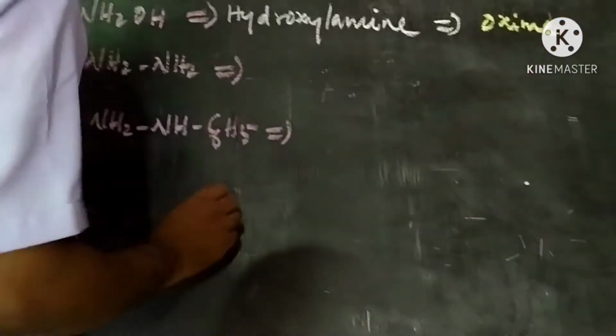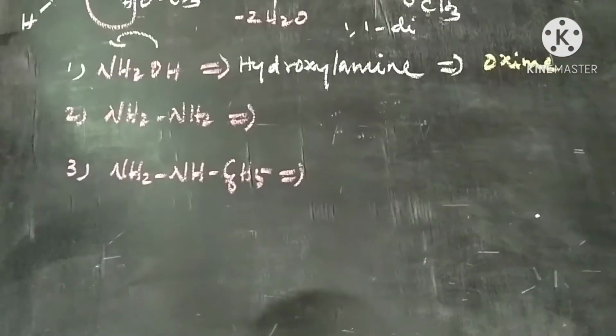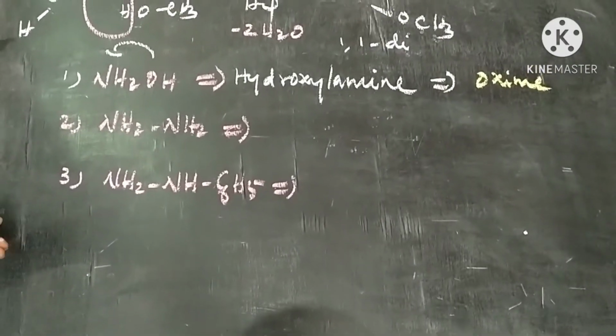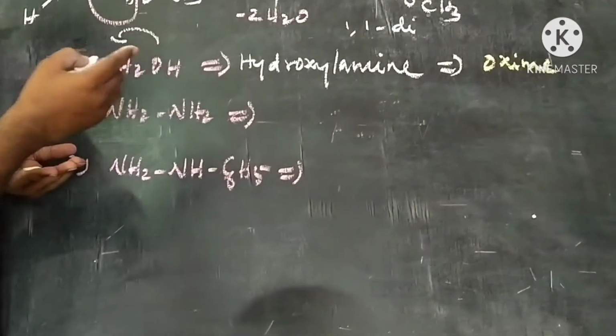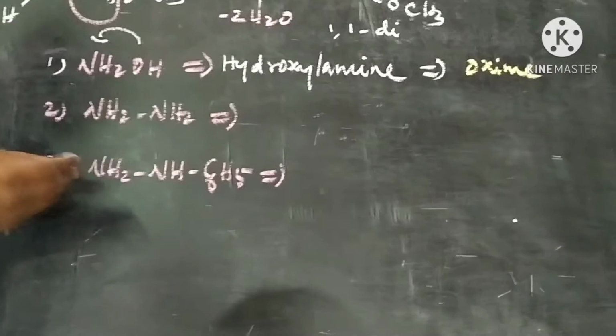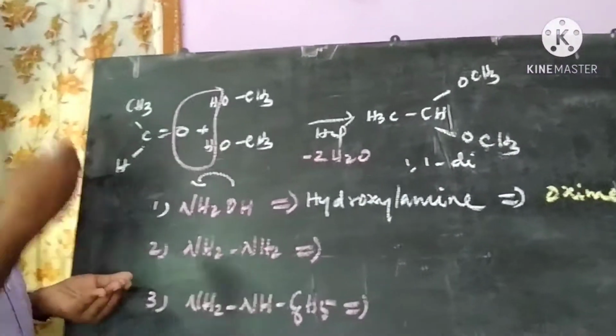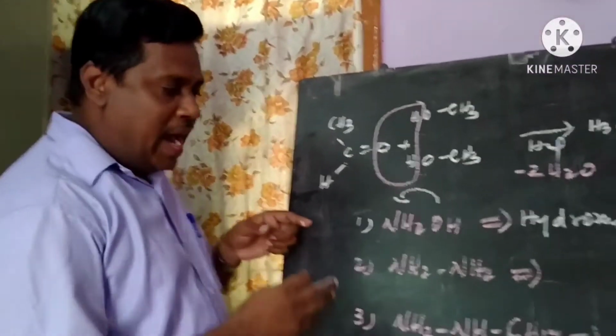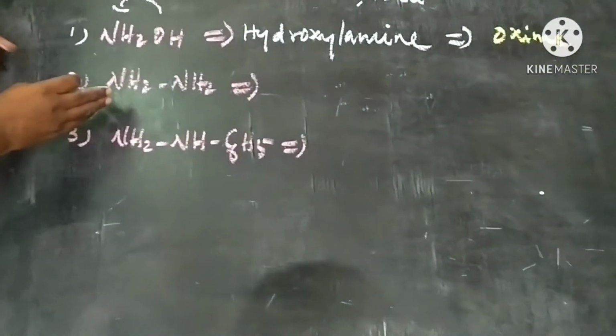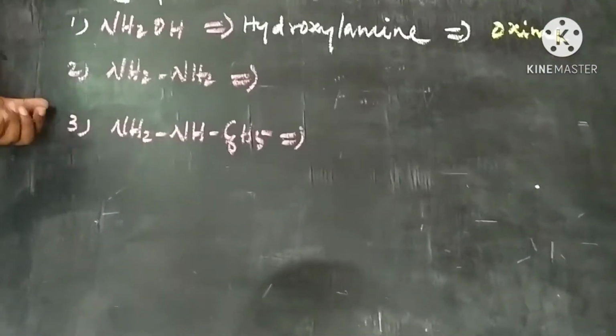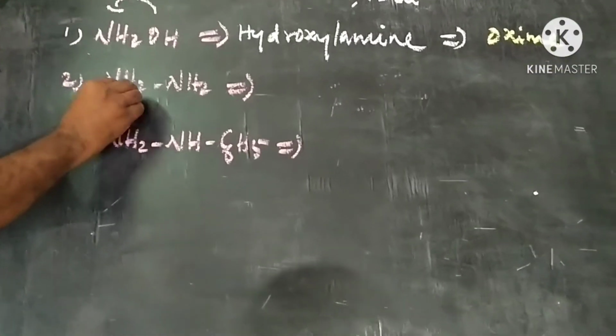Note this down. If you keep it in mind, the reactions are easy. Hydroxylamine reacts with carbonyl compounds, especially aldehyde or ketone, either one, to give the final product oxime. The next is hydrazine, NH2NH2, short formula N2H4.